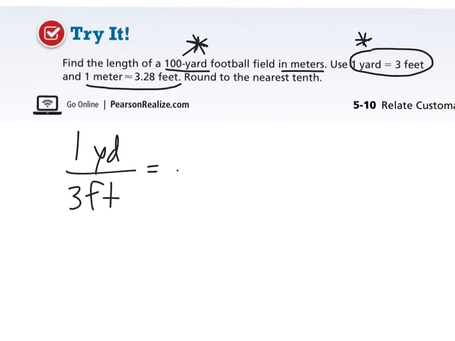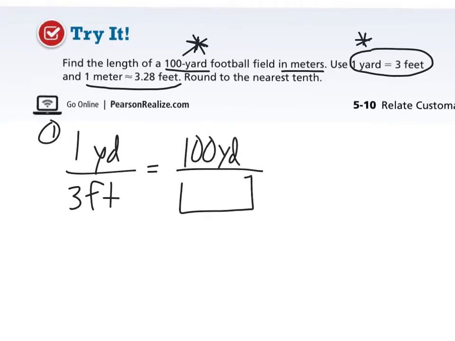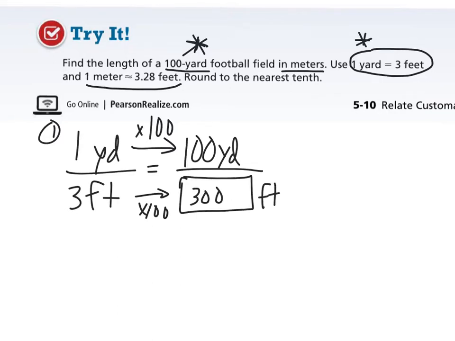So if 1 yard is equal to 3 feet, we have 100 yards. So to go from 1 to 100, we can multiply by 100. And then 3 times 100 would be 300. So that's 300 feet.